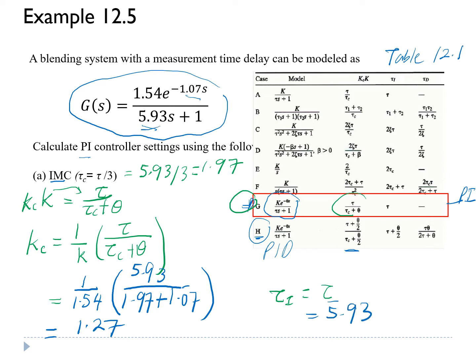So you get your PI control setting using IMC with tau C equal to tau over 3. You have the value for Kc and tau I.